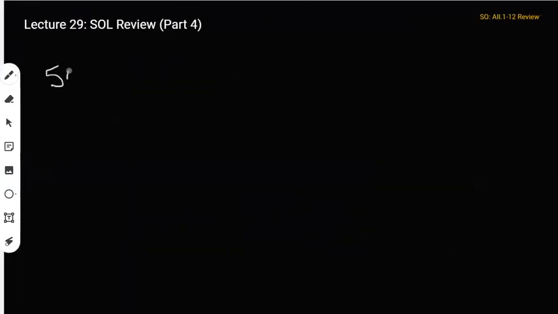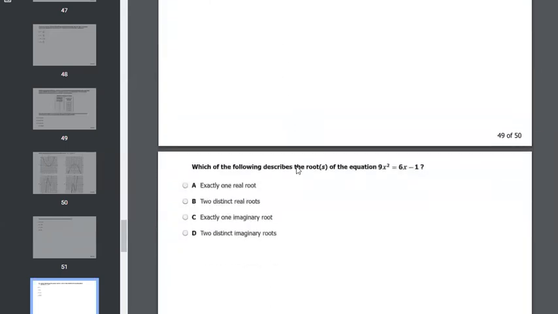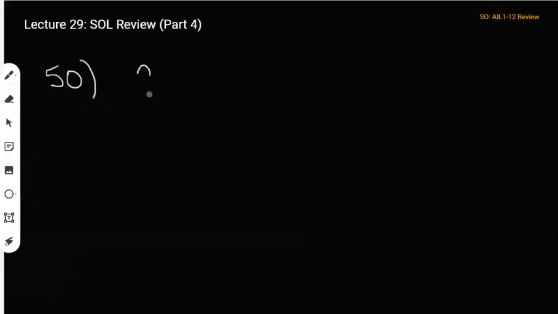All right, last one is 50. 50 says, which of the following describes the roots of the equation 9x squared equals 6x minus 1? So the first thing that I'm going to do is get everything on the left side.